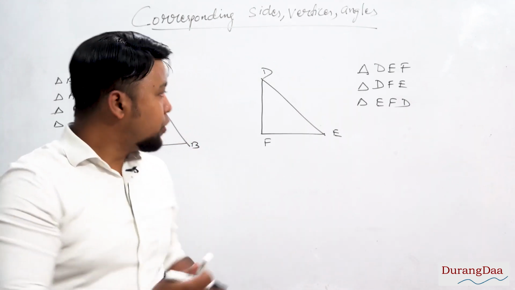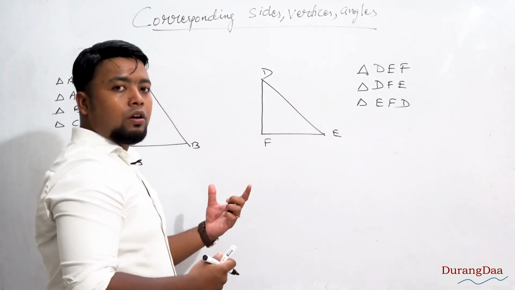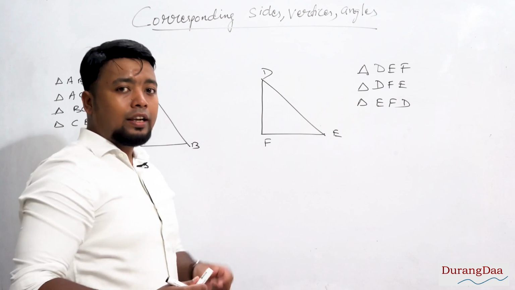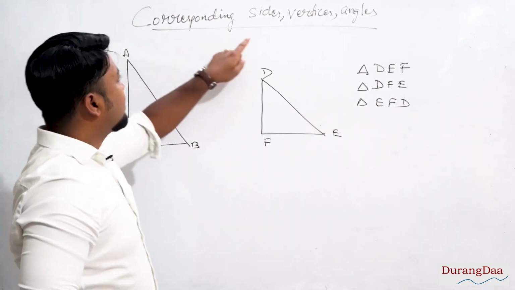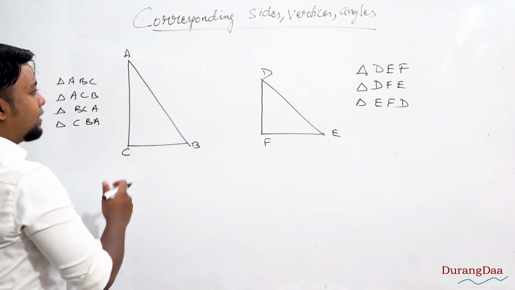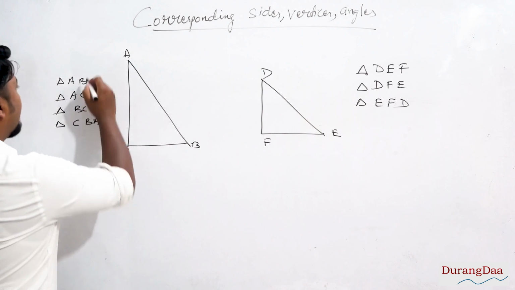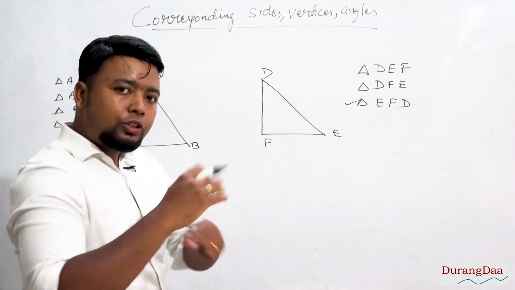Suppose you want to compare the similarity or the congruency or the equality of the two triangles. Then you have to pay special attention to the corresponding sides, vertices and angles. For example, if I say I want to compare triangle ABC and triangle EFD, that statement is totally wrong.